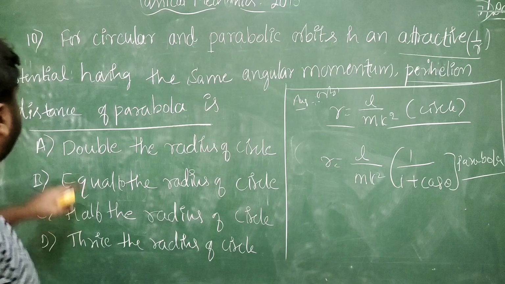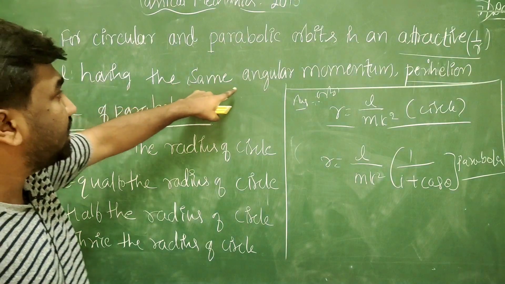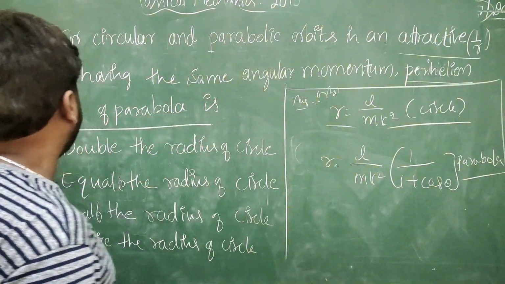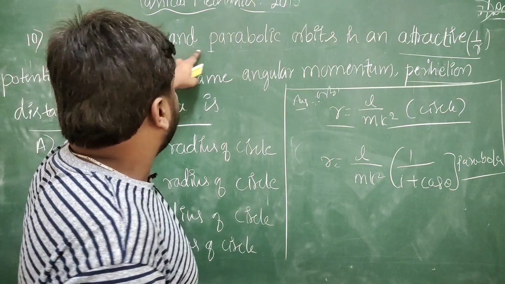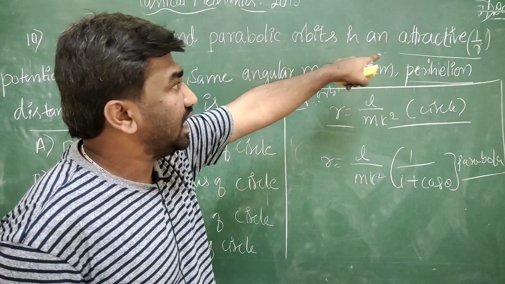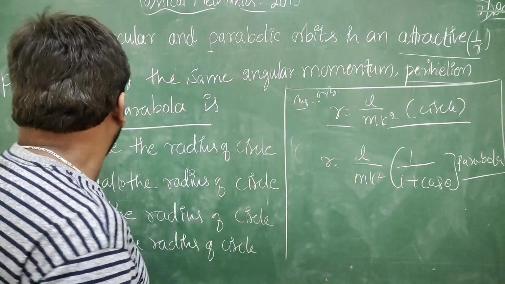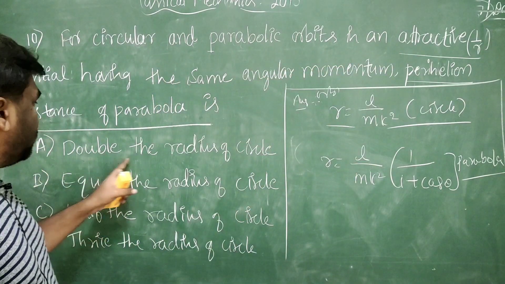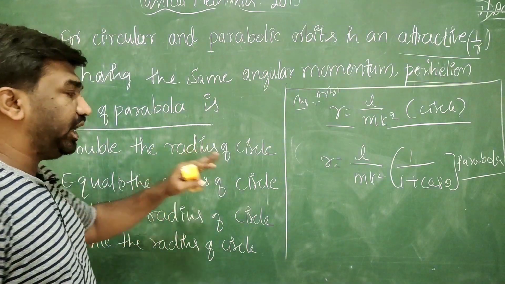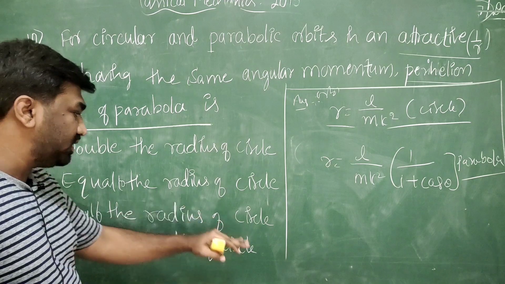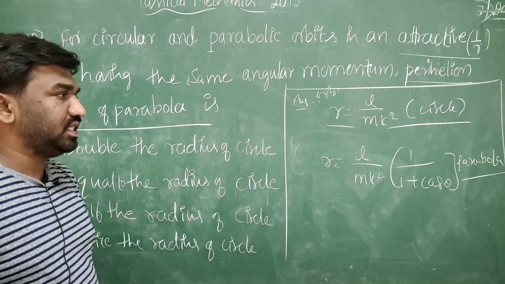Here the condition is given: the potential having the same angular momentum, the perihelion distance of the parabola is, for circular and parabolic orbits in an attractive 1 by r potential. So that is a central force. The options are: double the radius of the circle, equal to the radius of the circle, half the radius of the circle, or thrice the radius of the circle.